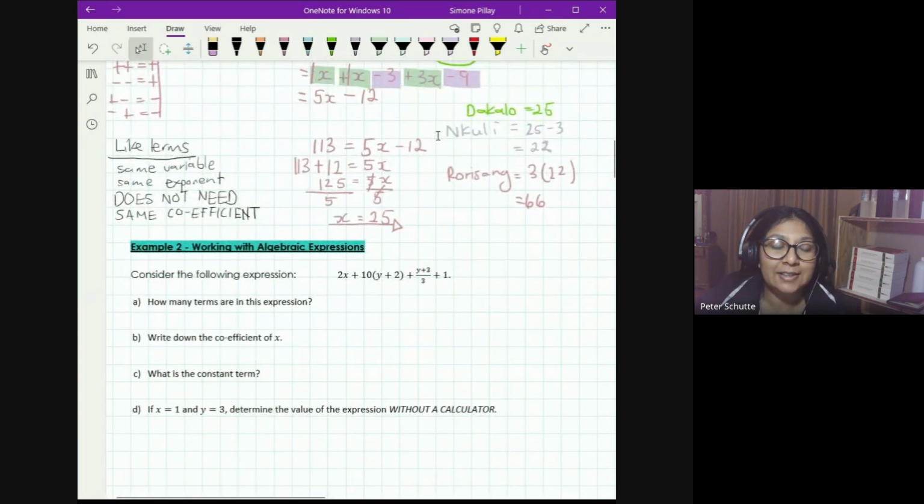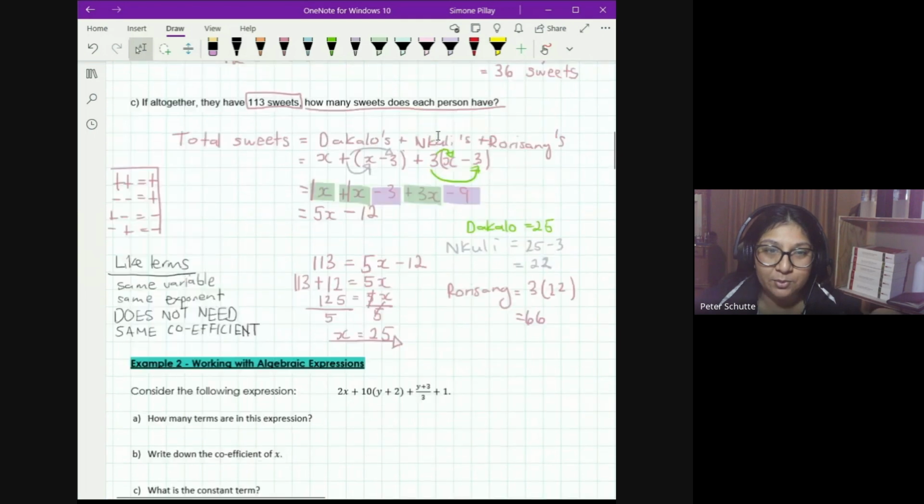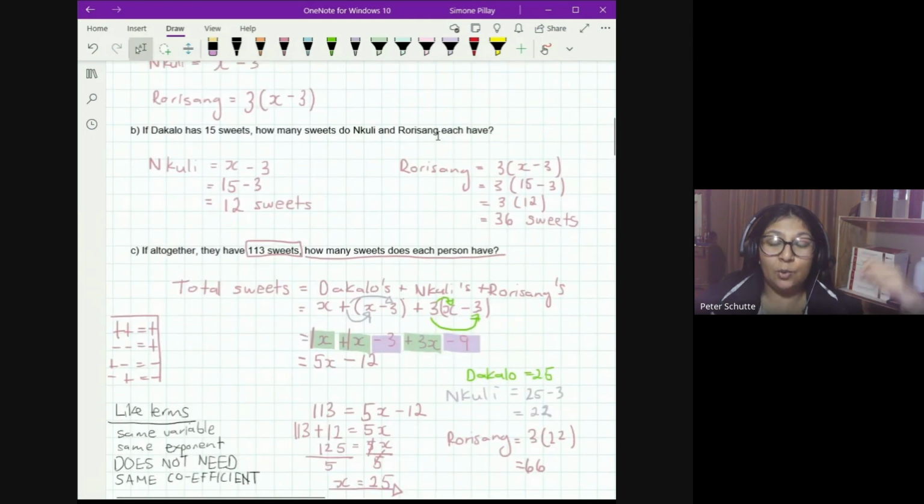Before we move on, what I want you to remember is that we have done revision on what like terms are, and how to add and subtract like terms. We haven't really touched on our exponent rules as yet, but I'm hoping that you are all up to date with that.